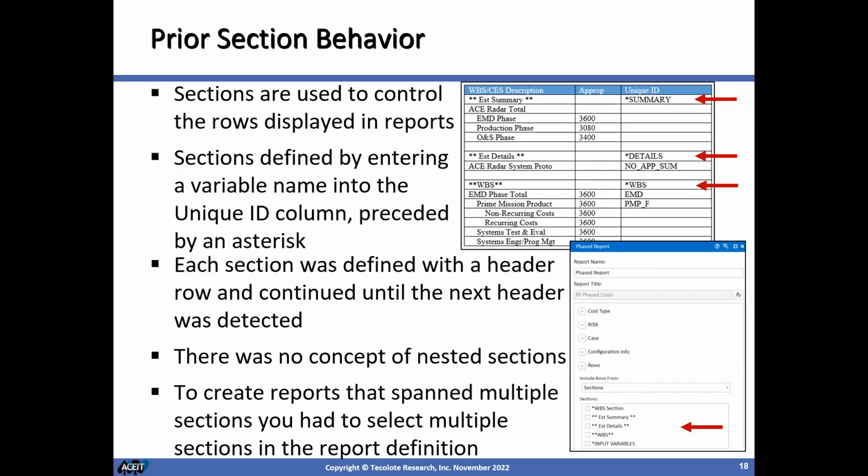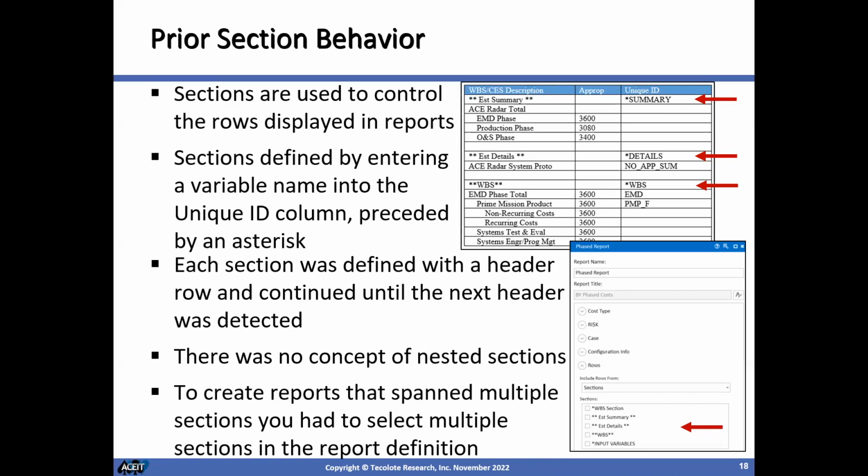In 8.0 and previous, sections were used to control the rows that we wanted to display in reports. Your section was defined by entering a variable name into the unique ID column and preceding it with an asterisk.